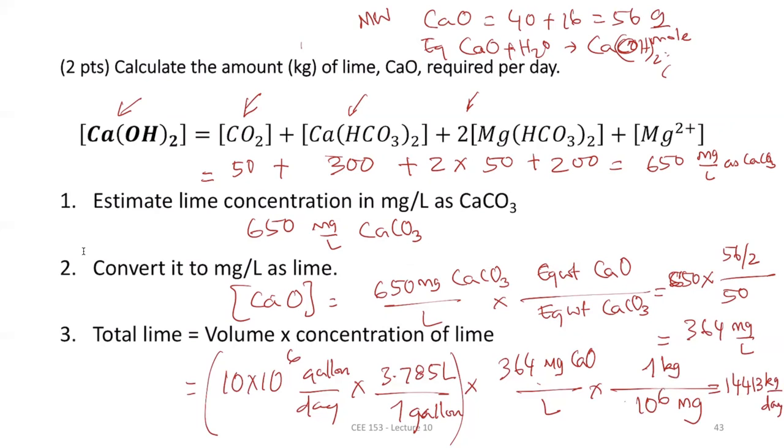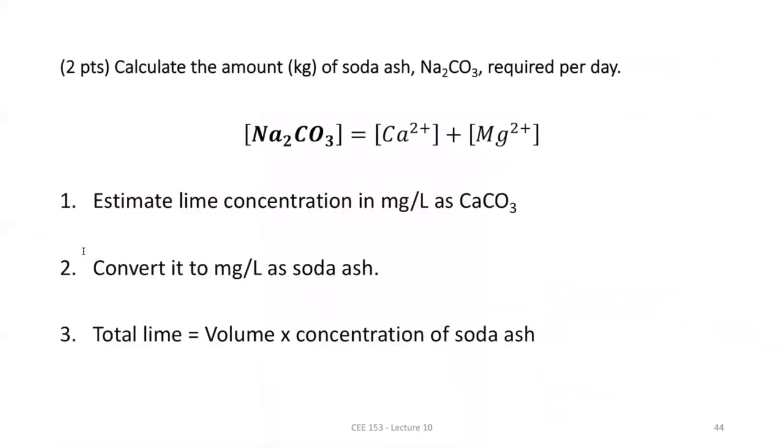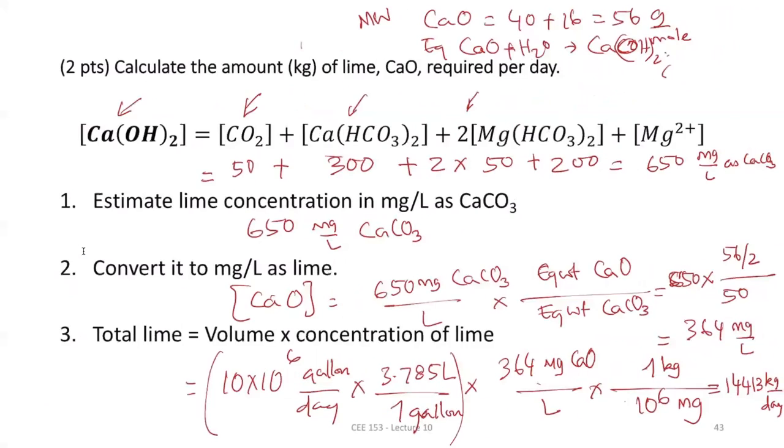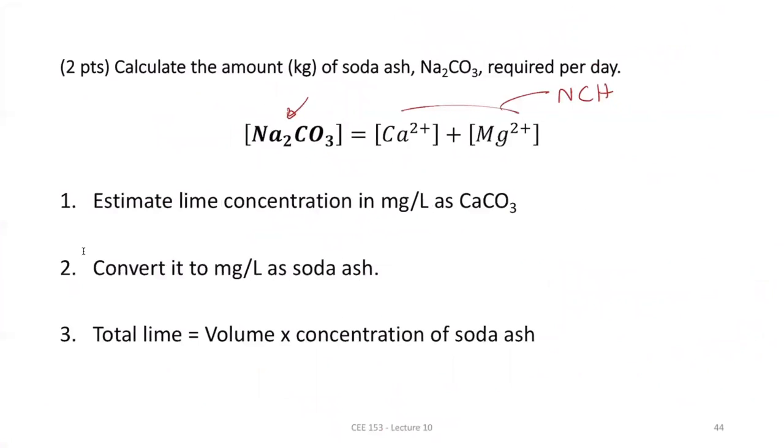The next question is to calculate the amount of soda ash needed. Soda ash is needed for calcium and magnesium that come from non-carbonate hardness. If you think of the non-carbonate hardness, that's basically here magnesium. There is no calcium non-carbonate hardness, so this is the only thing remaining. So in this problem, this will be the amount of magnesium, because this is 0.